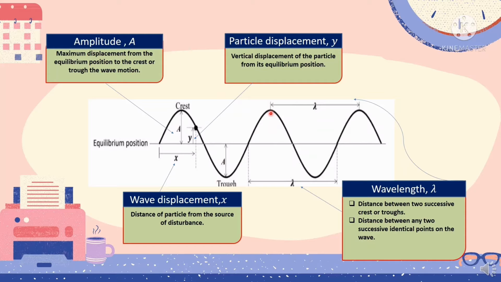So this is the wavelength between two successive crests, and this is the wavelength for two successive troughs. Or wavelength also can be defined as distance between any two successive identical points on the wave. So this is the wavelength between any two successive identical points on the wave.